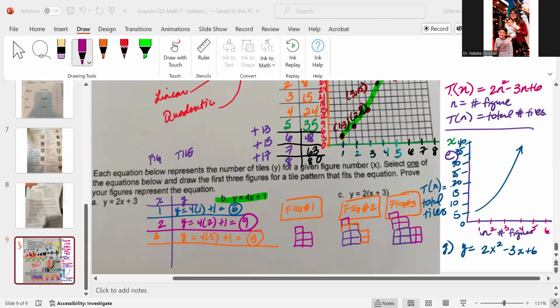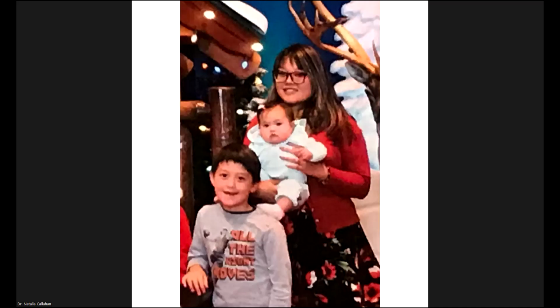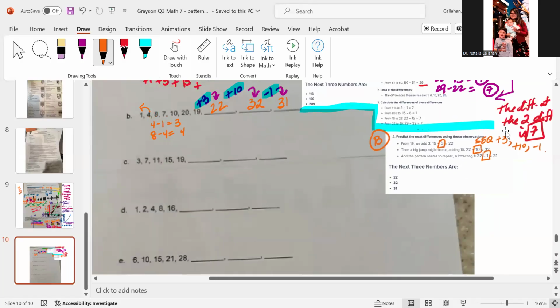Now describe your pattern. Okay. What's your answer for C and D?